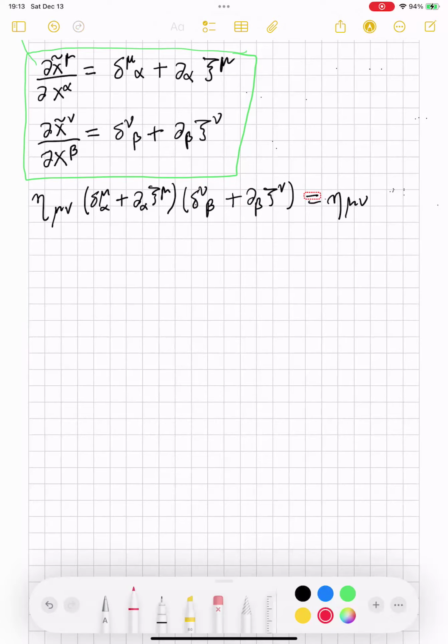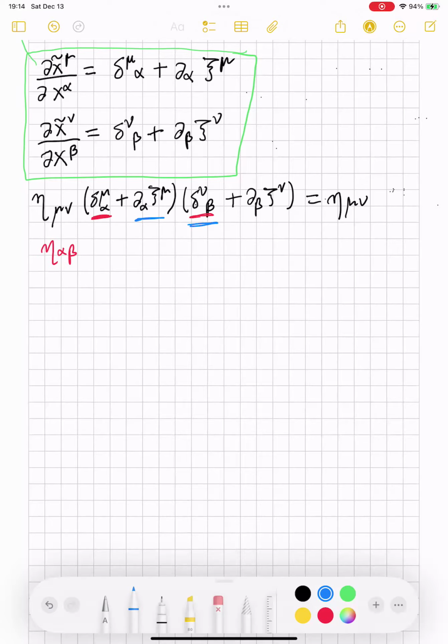So we need to multiply these two brackets. So I could multiply this first term by this first term. Well, these will both multiply onto eta mu nu. The delta mu alpha will give us an eta alpha, and the delta nu beta will turn the nu into a beta. Then we could multiply this d alpha zeta mu onto the delta nu beta.